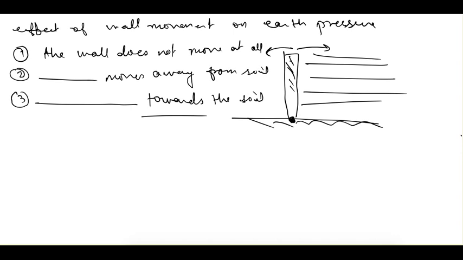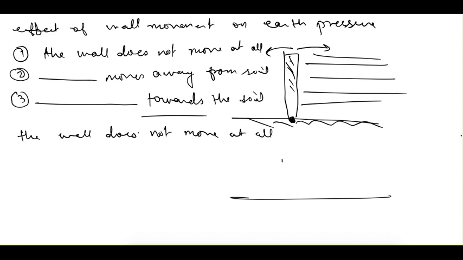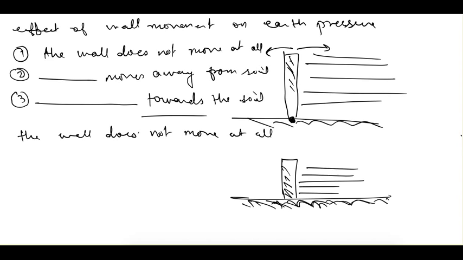So let's first understand when the wall does not move at all. In this case, we have constructed the wall, and this wall and this foundation system is rigid. Because of that, after filling this earth or soil, the wall does not move in any direction.